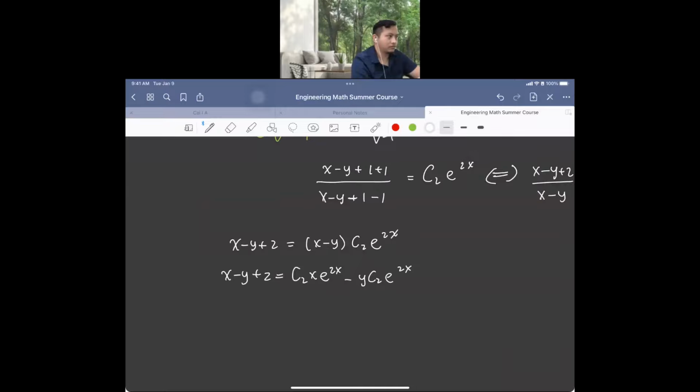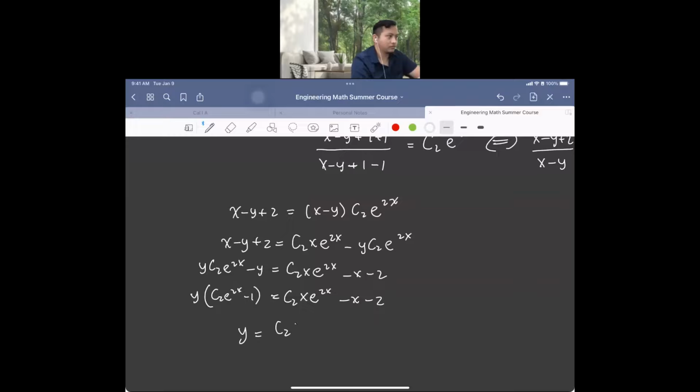Let me group everything together: y c2 e to the 2x minus y equals c2 x e to the 2x minus x minus 2, so y times (c2 e to the 2x minus 1) equals c2 x e to the 2x minus x minus 2. So our final solution becomes y equals that over (c2 e to the 2x minus 1).